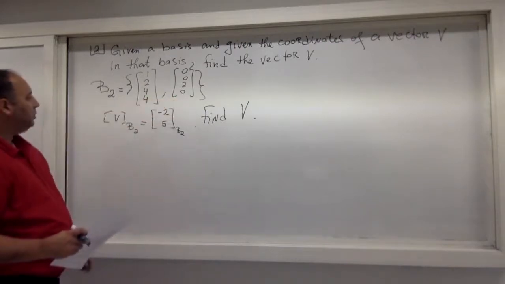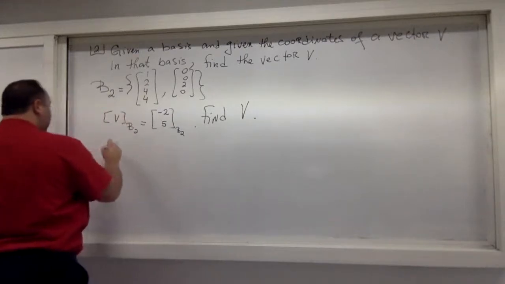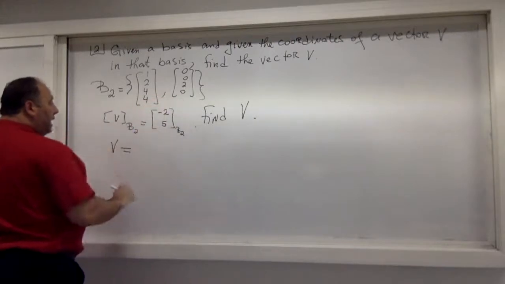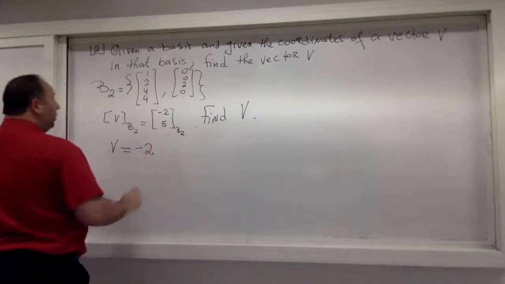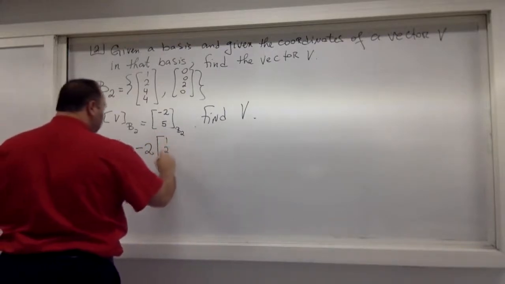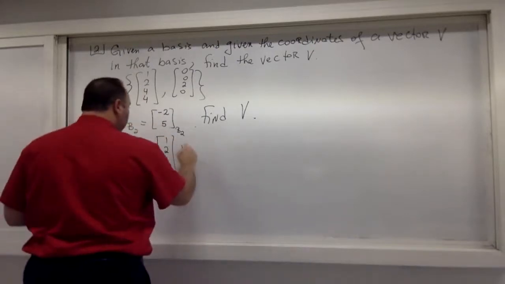So what does this mean? You just need to translate and you're good. This means that v is a linear combination of these two basis vectors, and the coefficients are -2 and 5. So the coefficient in front of the first basis vector is -2. So I copy the basis vector. We changed the basis just for fun, so we use the other one.